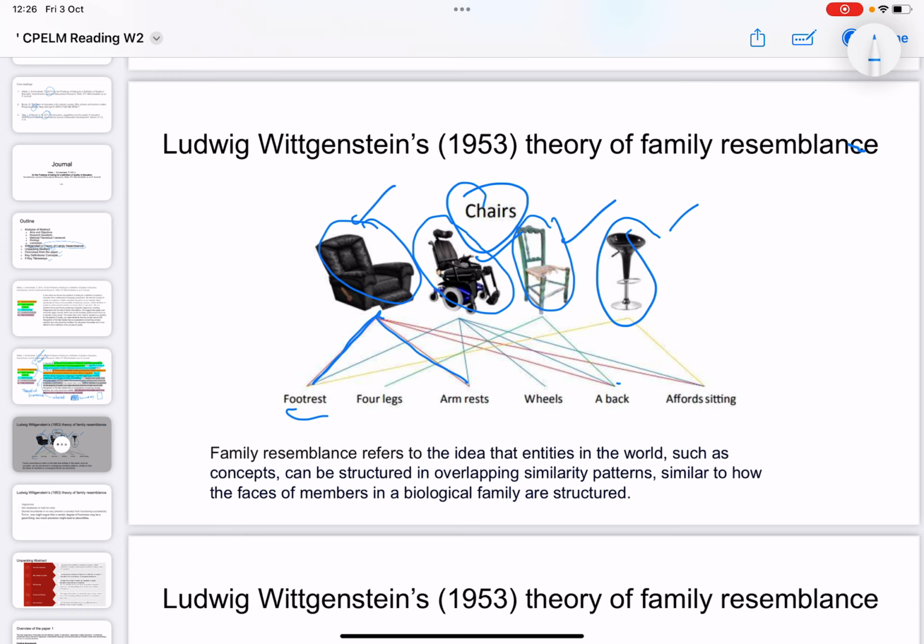So you can see here, this theory of family resemblance really is about how certain concepts can have overlapping similarity patterns, but they could be entirely different. So we're talking about quality education, or let's talk about infrastructure.